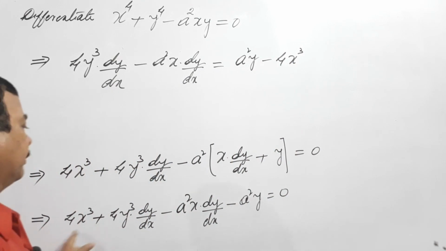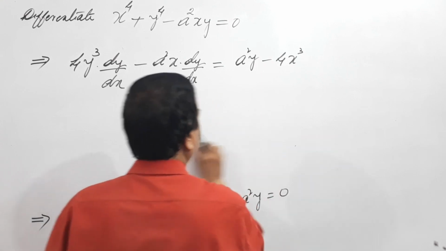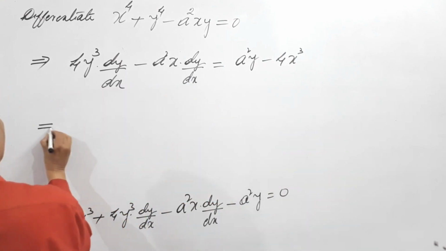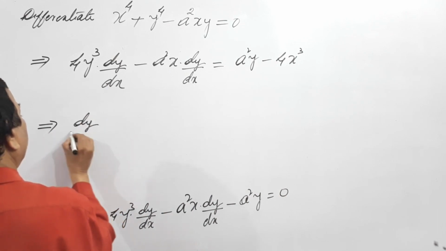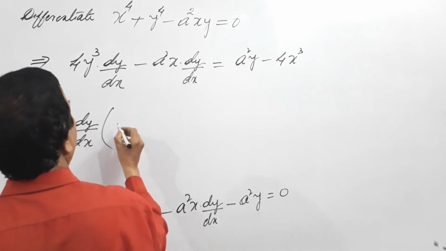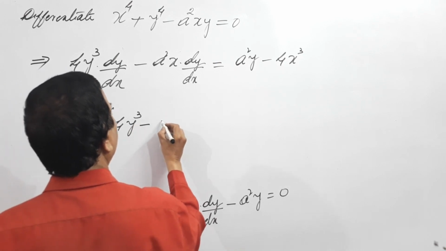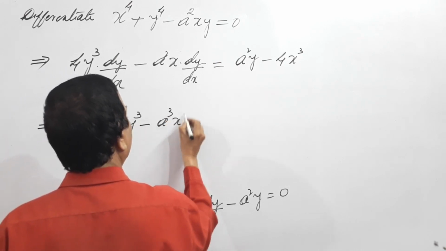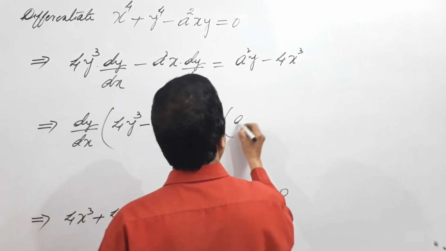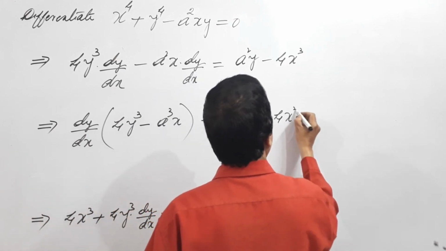Once you transfer this, that becomes minus. So I will take dy by dx common, and we are left with 4y cube minus a square x equals a square y minus 4x cube.